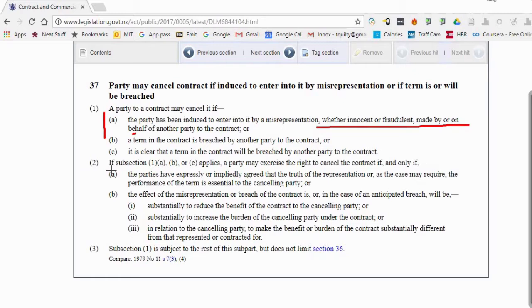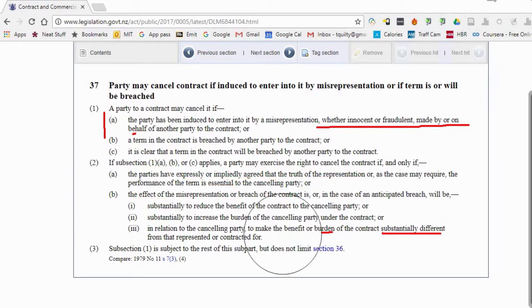Now, the additional part is that that section applies if and only if they have agreed the truth of the representation is essential, expressly or impliedly, or the effect is to substantially reduce the benefit, substantially increase the burden, or make the benefit or burden substantially different.